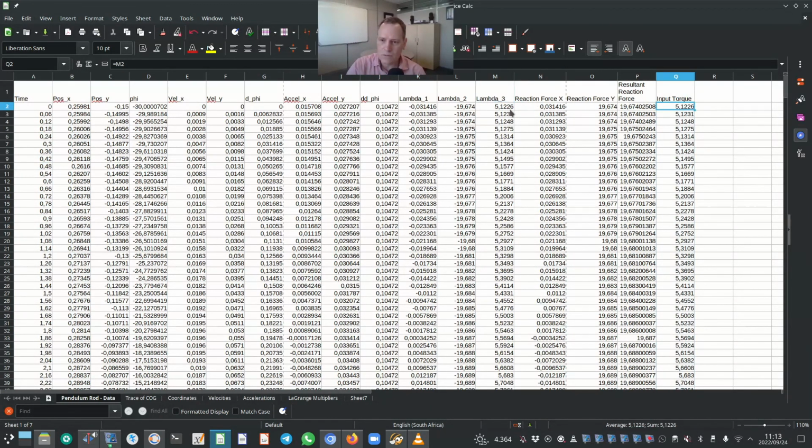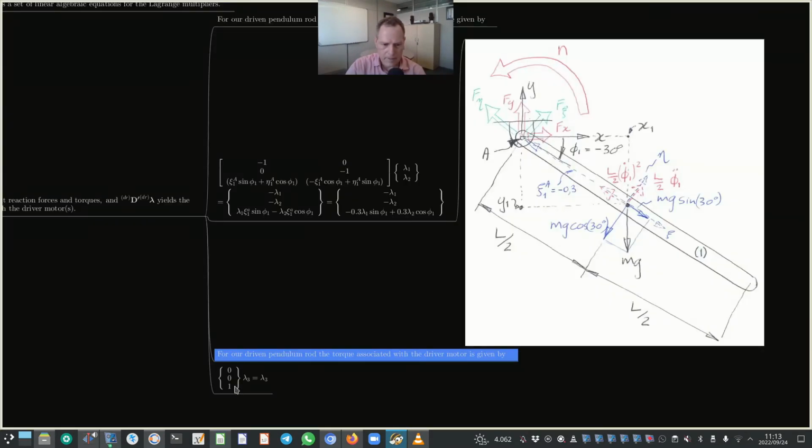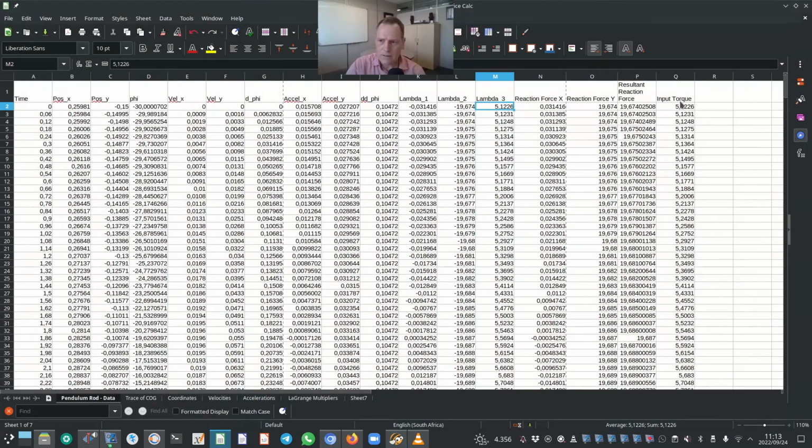That's what we just saw. The torque associated with the driver motor is given by lambda 3. So I've just added this column, and all I did was set this cell value equal to the lambda 3 cell value for all the time instants. So that's very easy.